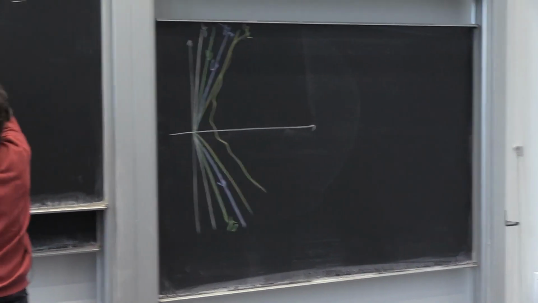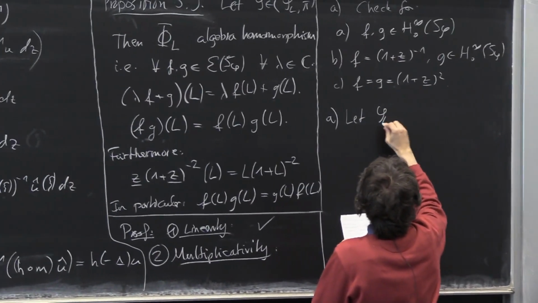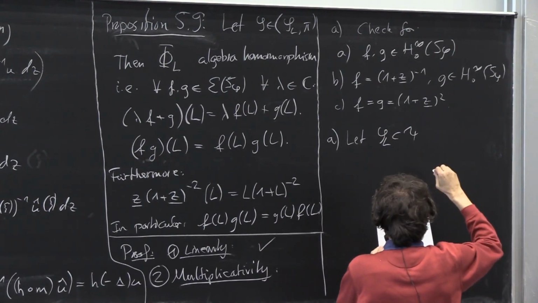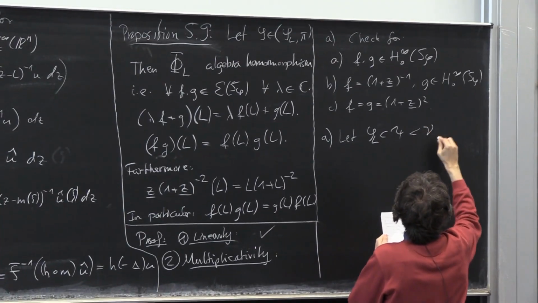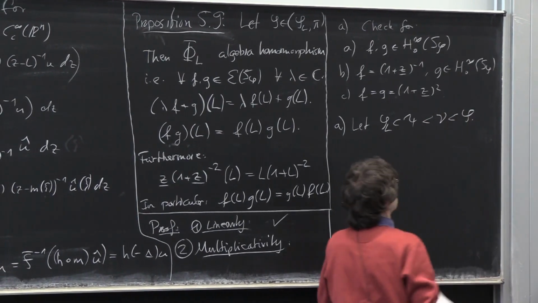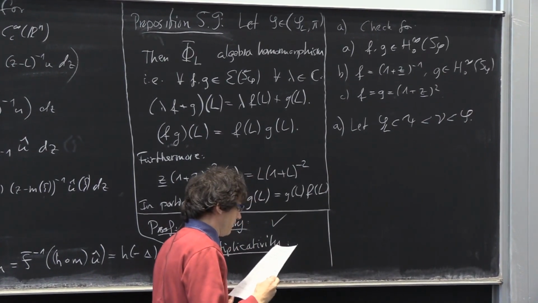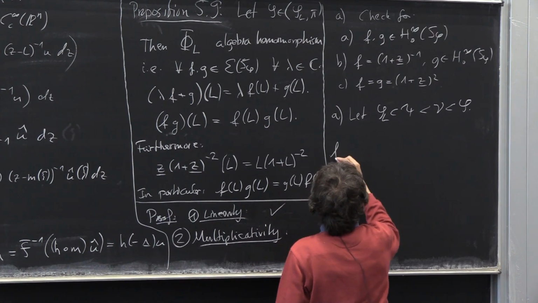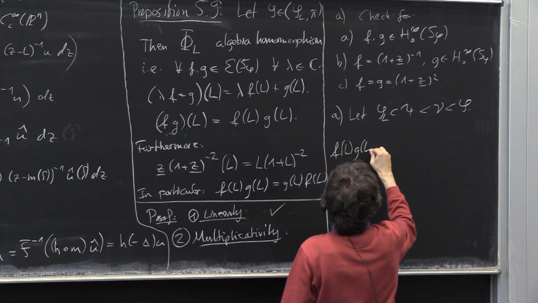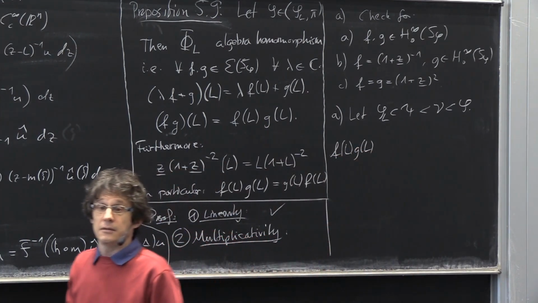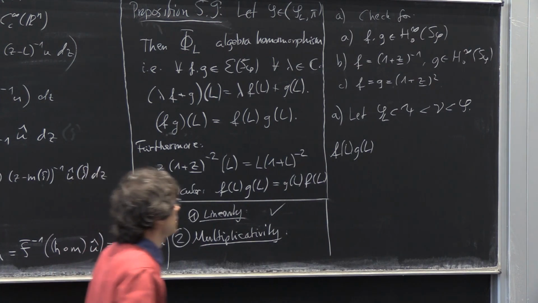So we take an angle psi that is greater than the sectoriality angle, and an angle nu that is even bigger but below phi. And then let's calculate what is f of L g of L. And this is both our Cauchy integrals.